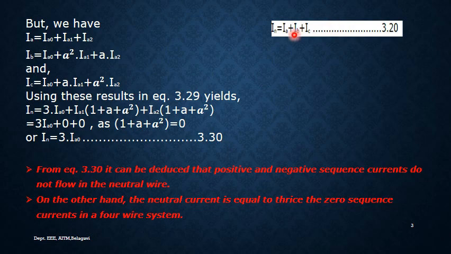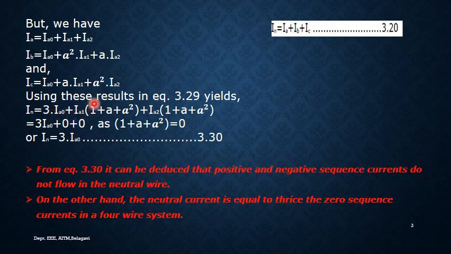From the previous equation, the neutral current is equal to the sum of all the line currents IA, IB and IC. Instead of writing IA, IB, IC, we are going to represent them in terms of the respective sequence component currents. Let us substitute each value in this equation.